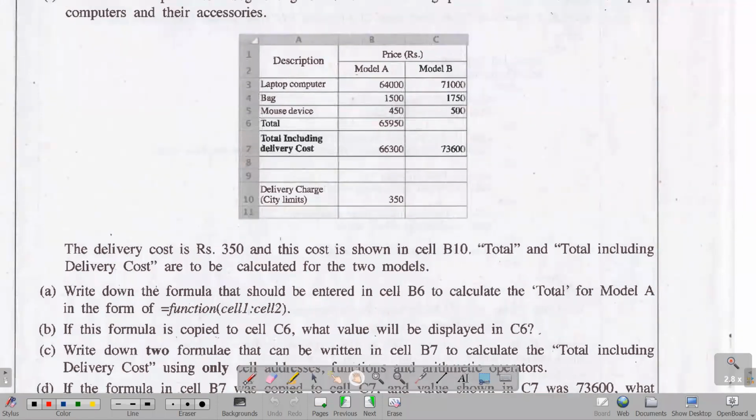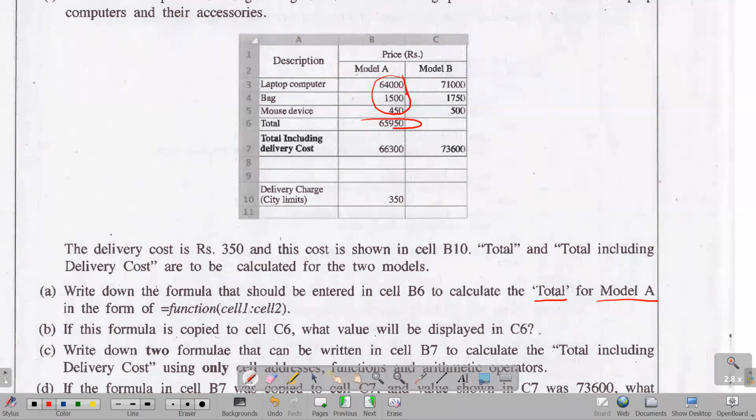Yeah, so it's easy. They're asking about the total of model A. That means total of these things. They're asking us to write it for B6. Right, the total of these 3 things.